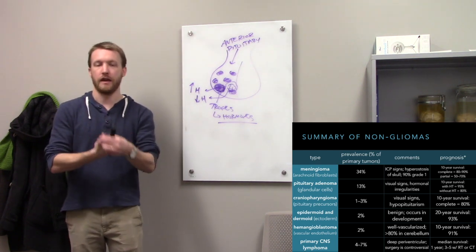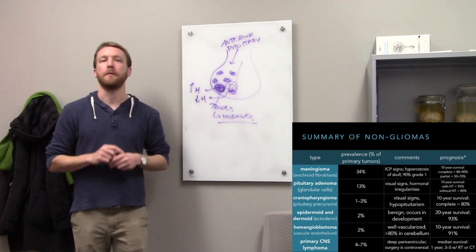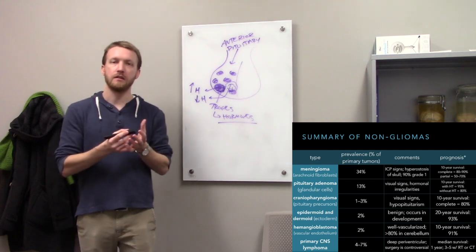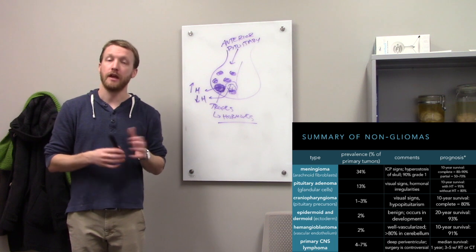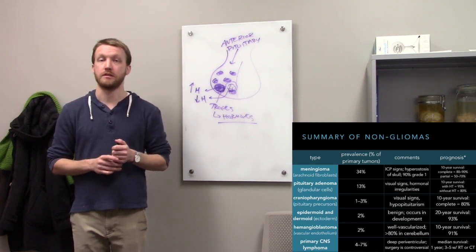So you might see hair, sweat glands, sebaceous glands, things like that, forming within the brain. These are usually well encapsulated, and depending on the location, they can be removed, and the survival is excellent, as you can see.